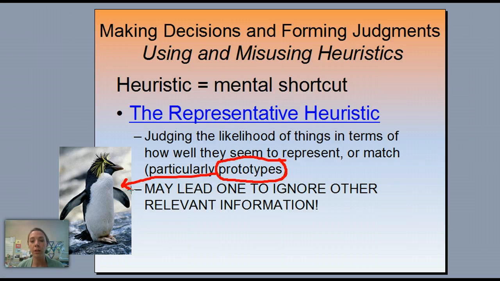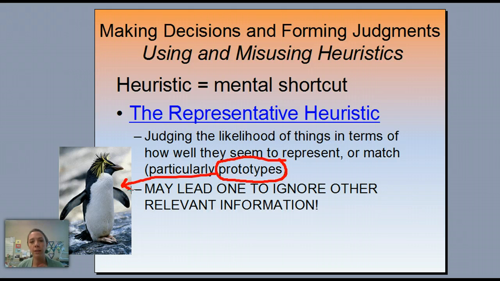Now, my representativeness heuristic would be like, I'm going to judge how likely this new thing is to be a bird in terms of how well it matches my prototype. So if I'm using the representativeness heuristic, I'm asking, does it match up with this definition of what I think a bird is? Now, this may lead you to ignore other relevant information.